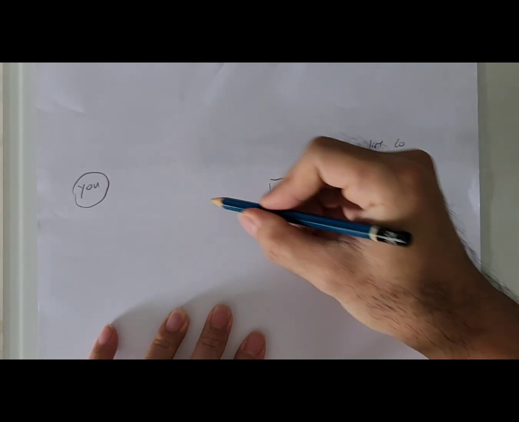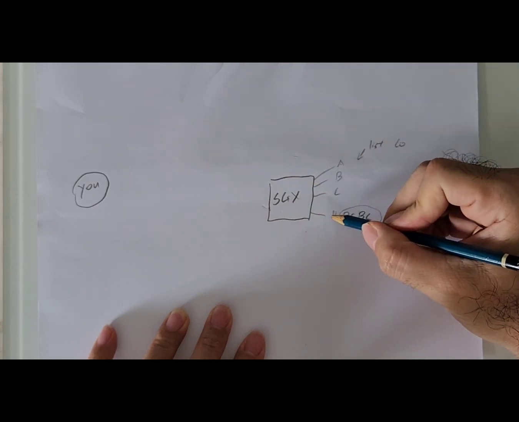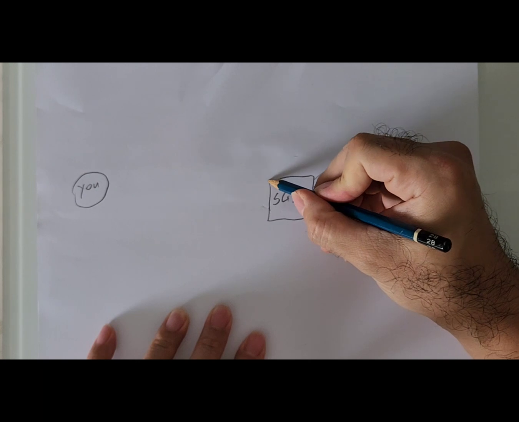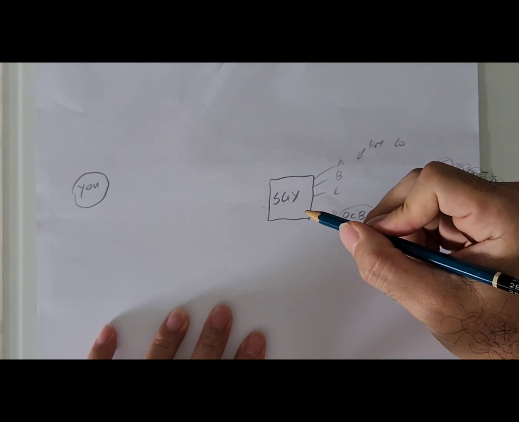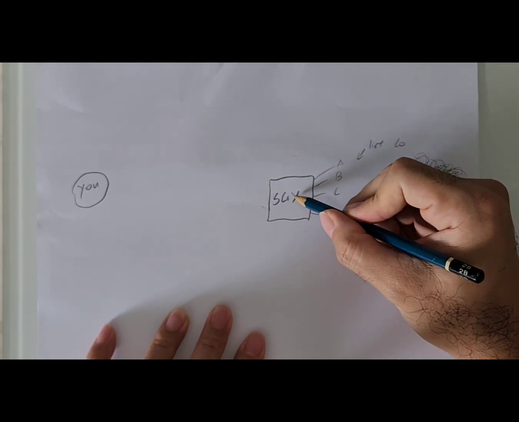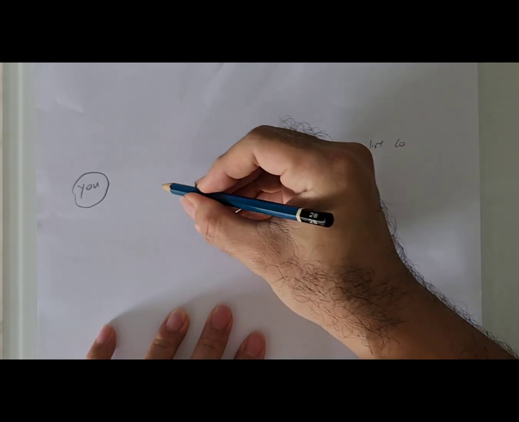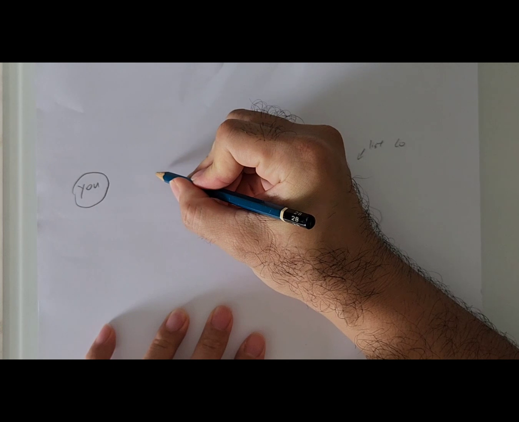So you are here and you want to buy OCBC shares, but you can't go directly to the exchange to buy it. You have to go to a broker, so you will need to find a broker.